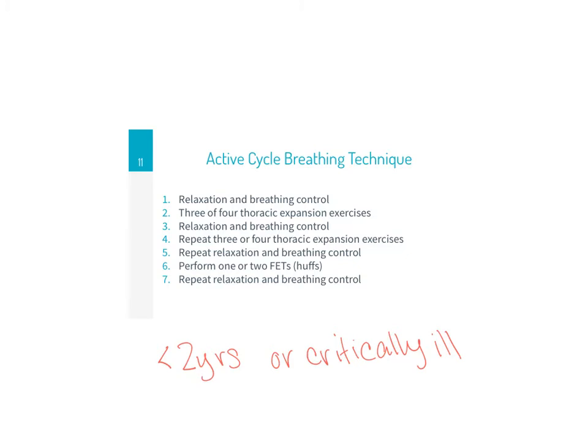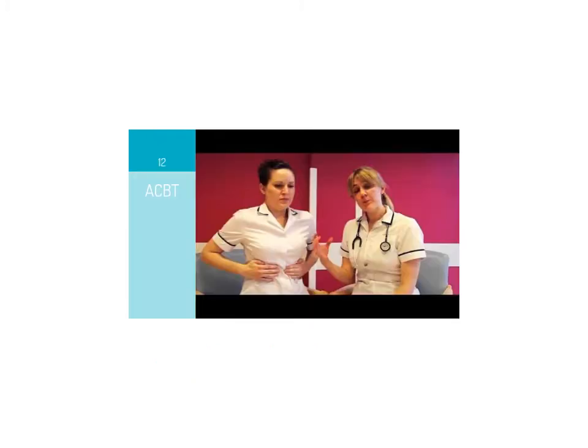And then again, 3 or 4 thoracic expansion exercises, back to regular breathing, and then 2 huff coughs, because that's going to open the different areas of your lungs. Those big exercises are going to help pull that mucus down.